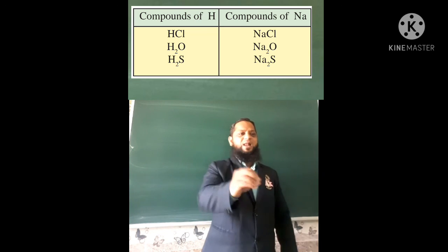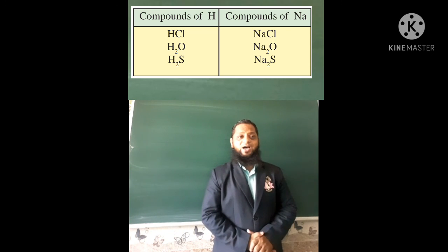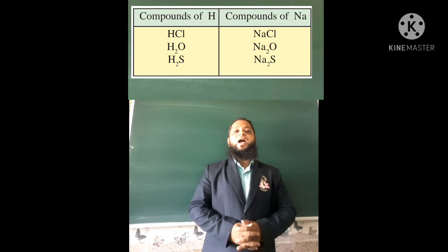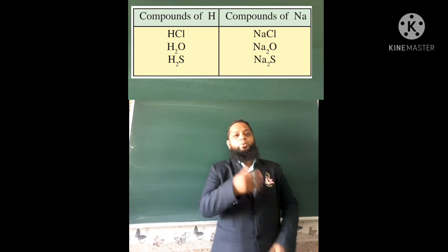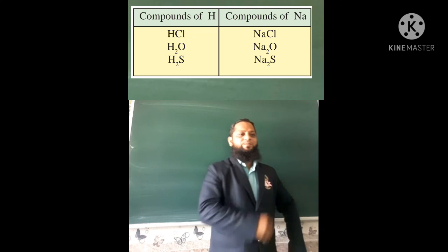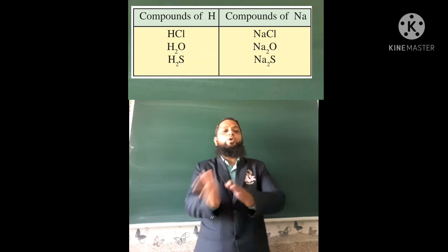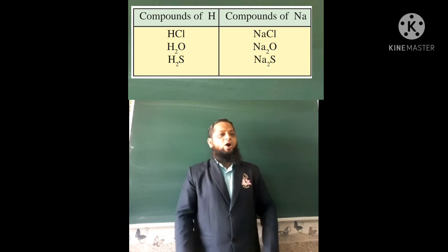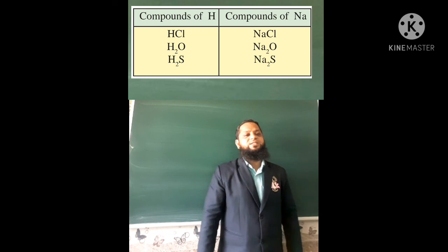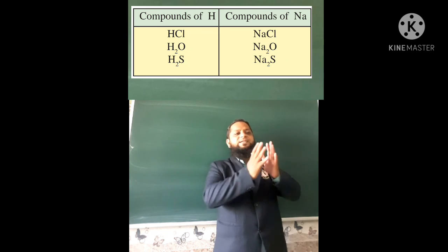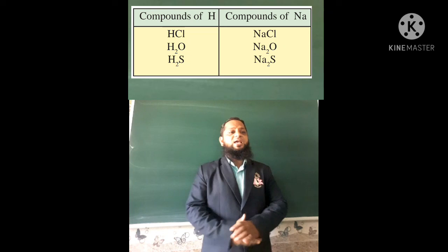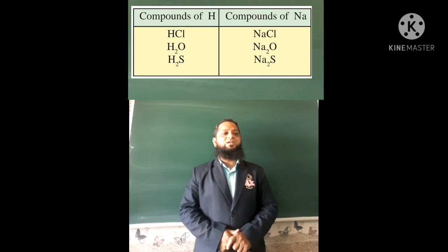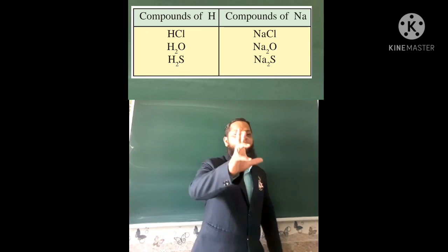There is a similarity in the molecular formulas of the compounds of hydrogen and alkali metals, for example, sodium and potassium formed with chlorine and oxygen. On considering the above properties, it cannot be decided whether the correct position of hydrogen is in the group of alkali metals or in the group of halogens.